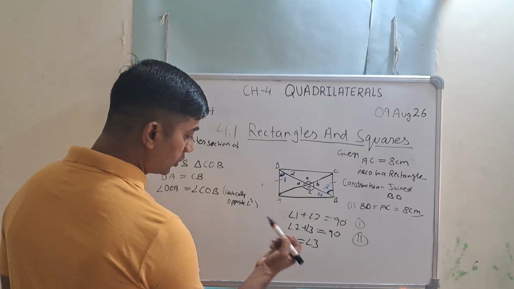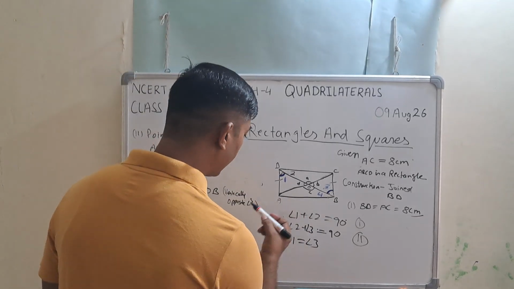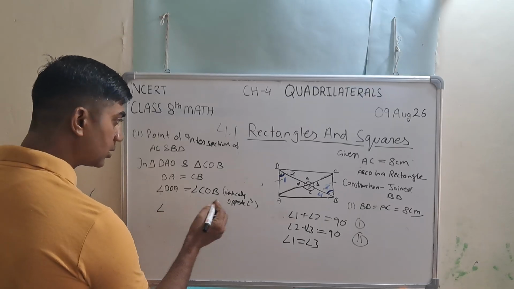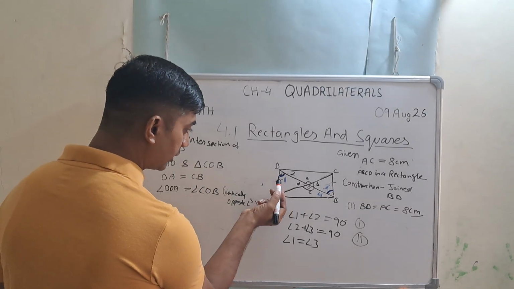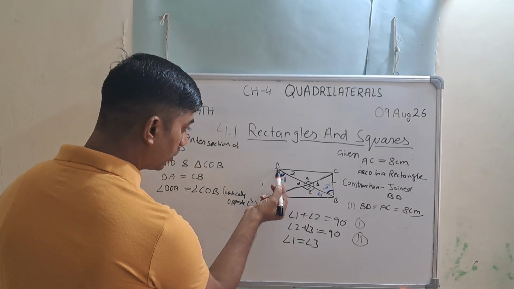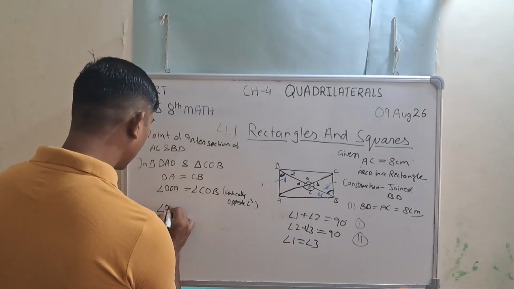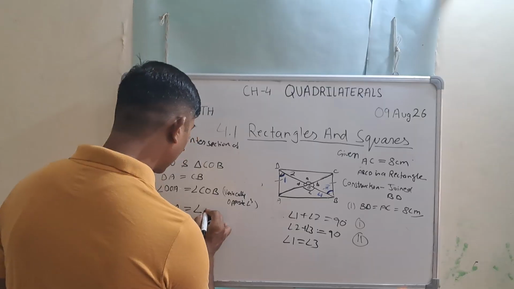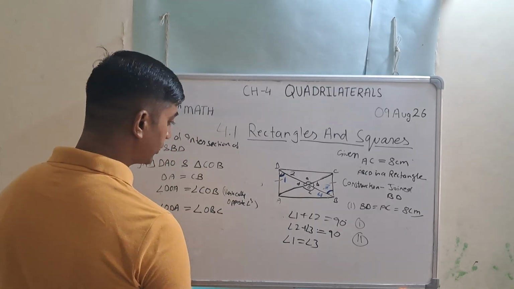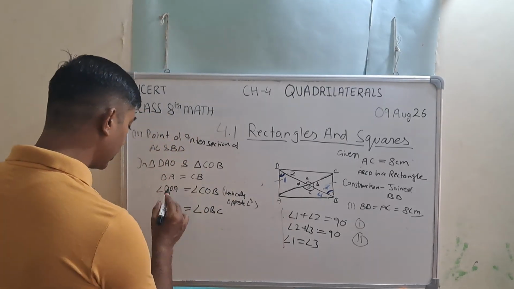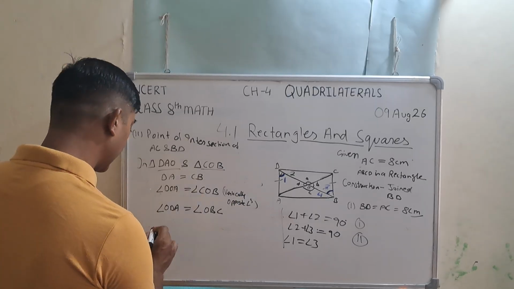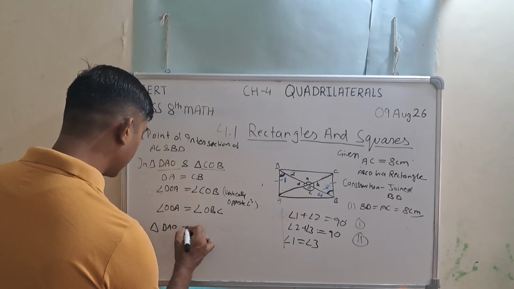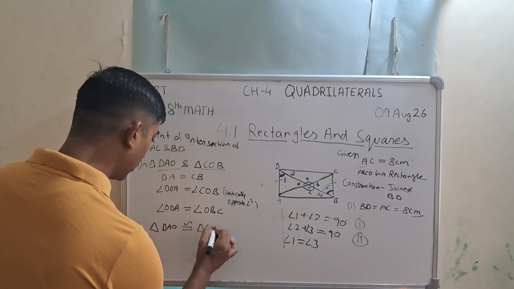In the same way we can write that angle ODA is equal to angle OBC. We have proved this, and because of this, these two triangles are congruent. Triangle DAO is congruent to triangle COB.